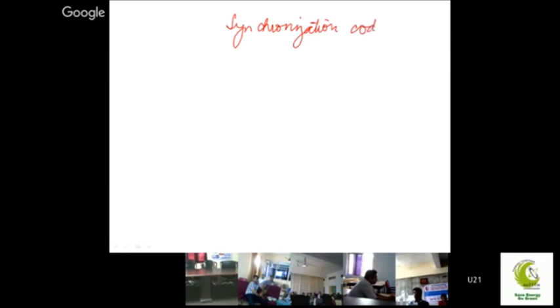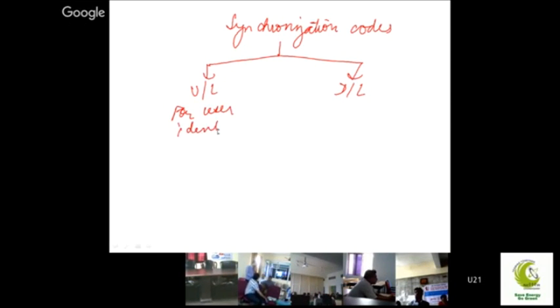Synchronization codes, uplink and downlink. Uplink synchronization codes are basically for user identification, for the identification of a user.